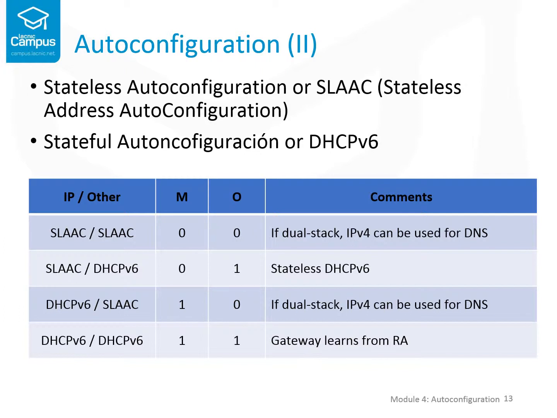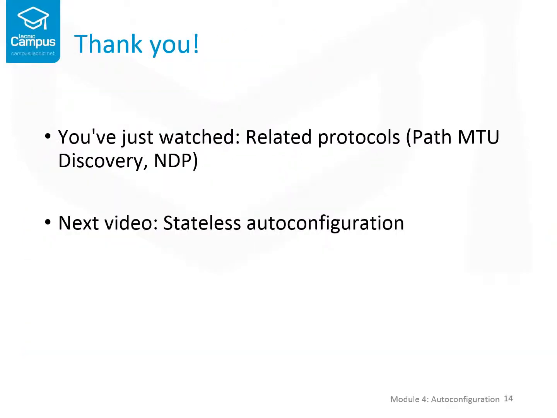There are 4 possible combinations of flags M and O. Therefore, the following possibilities can be used: SLAAC to configure IP addresses and other parameters, or SLAAC for the IP addresses and DHCPv6 for other parameters, in this case known as stateless DHCPv6, or DHCPv6 to configure the IP address and SLAAC for other parameters, or DHCPv6 to configure both the IP address and the other parameters.